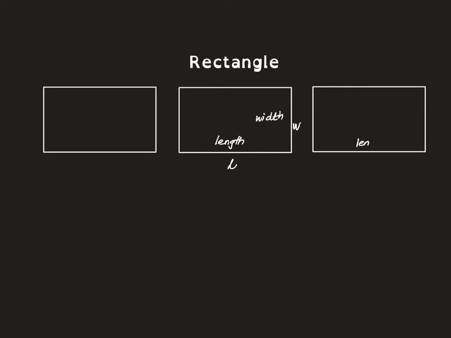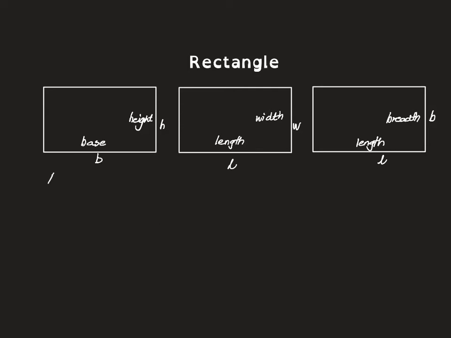It could be length times breadth, which is L times B, or it could even be base times height, in which case that would be a B and that would be an H. It really doesn't matter. You've just got to know how it works and where you put the measurements.